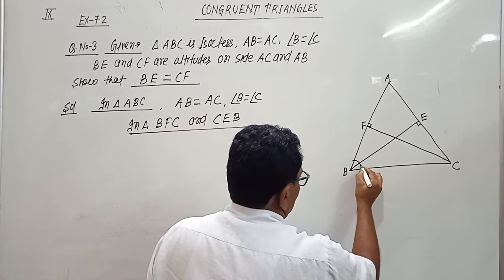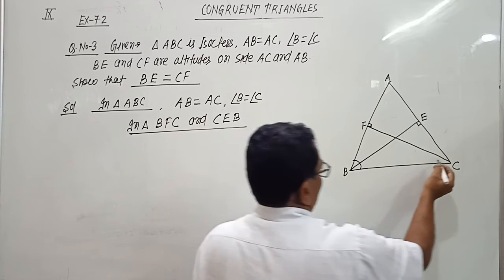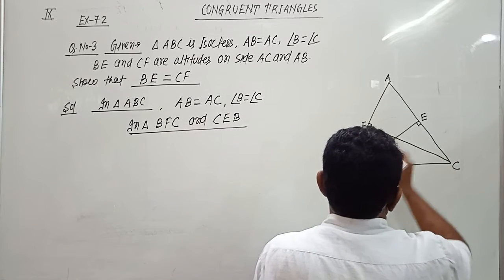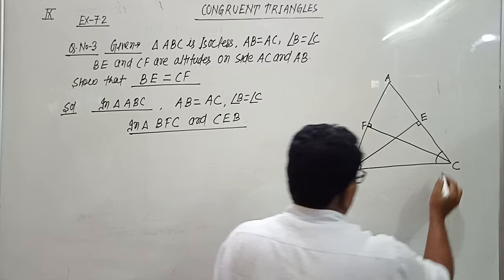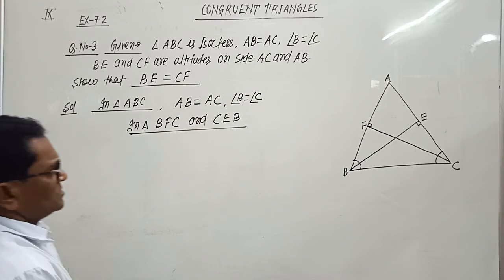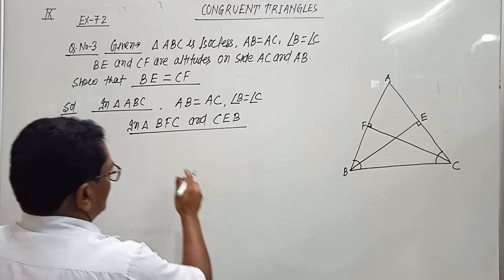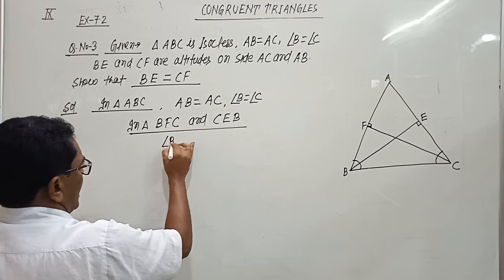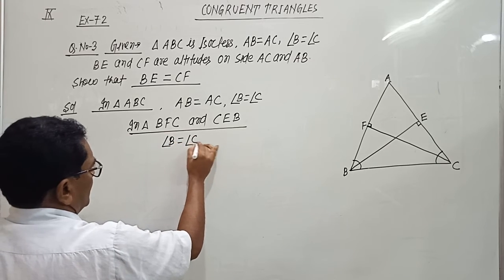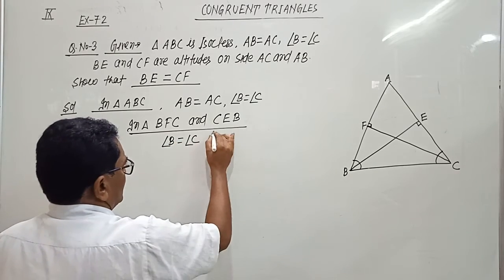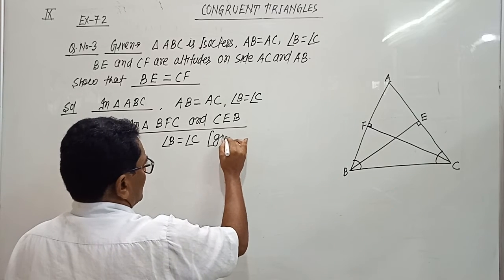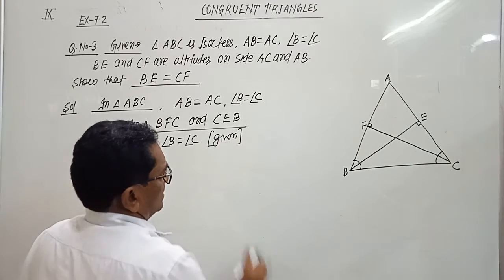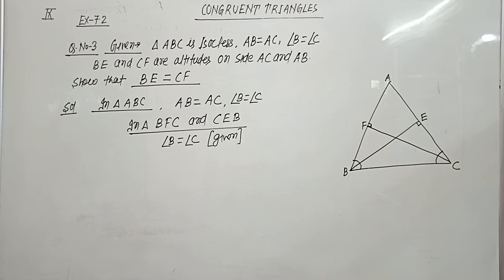So in triangle BFC, angle B, and in triangle CEB, angle C. So we can write angle B equals angle C, given, and side BC is common for both the triangles.